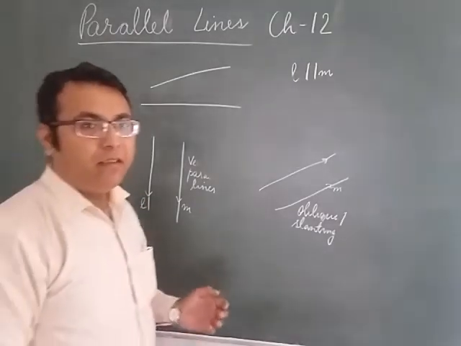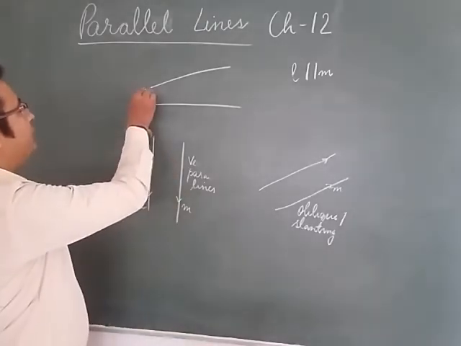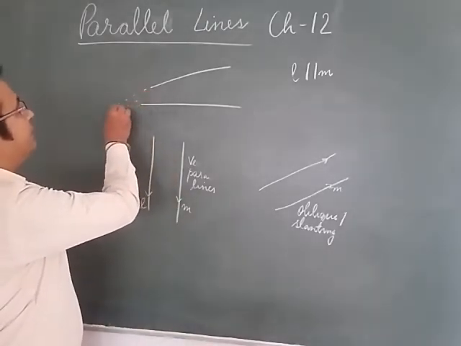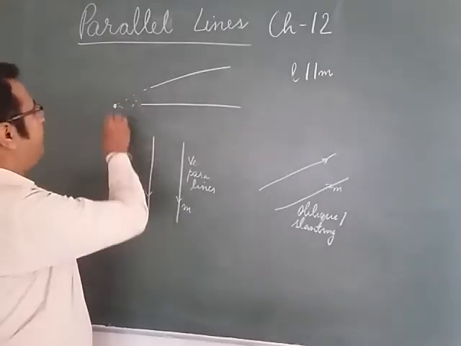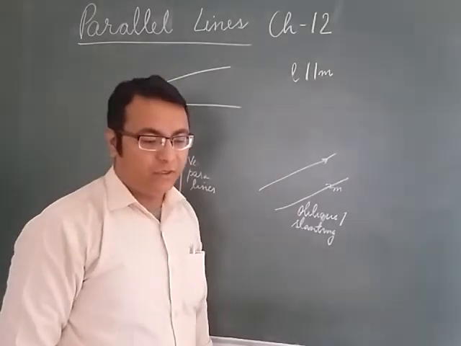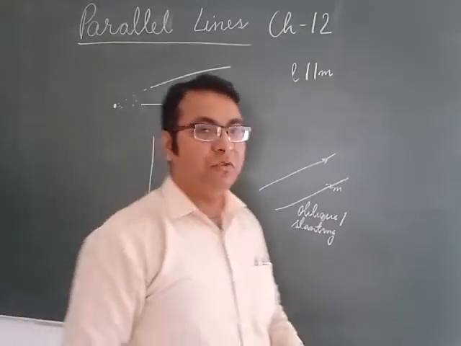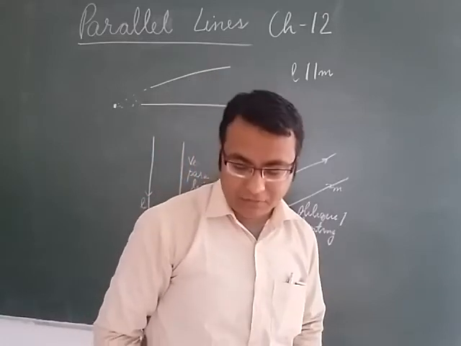So are they parallel? No, they are not parallel. Why? Because when we extend these two lines, they will definitely meet with each other at a certain point. They will meet here. So they will not be parallel. So all lines which do not meet each other need not necessarily be parallel.